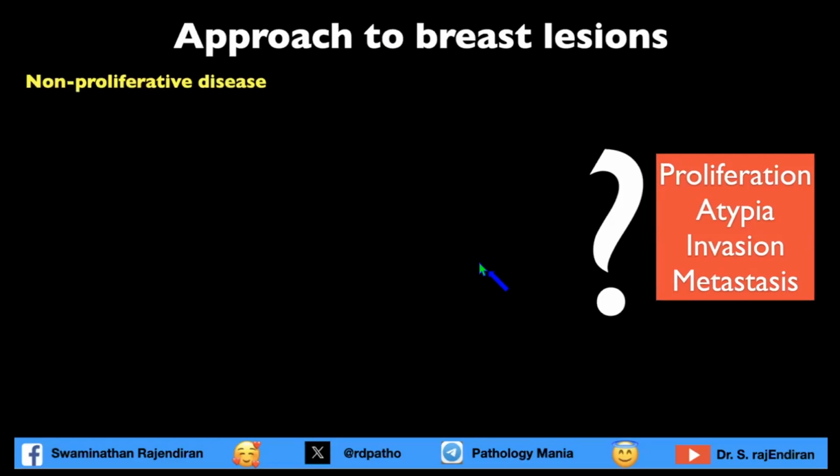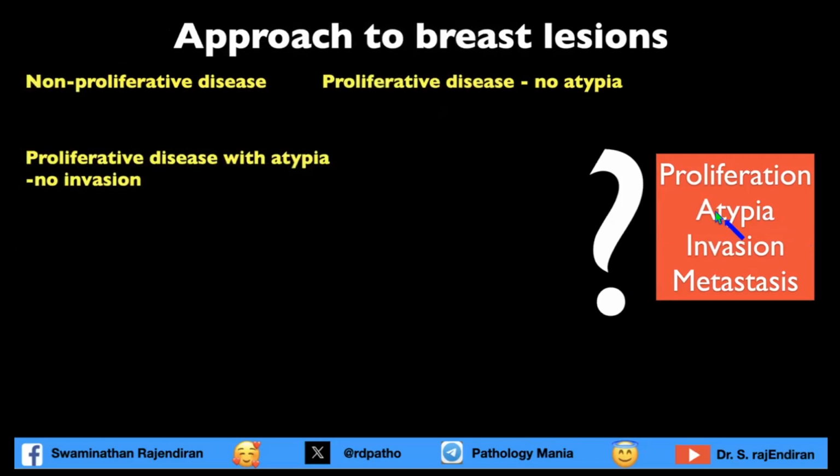One is non-proliferative disease, and the other is proliferative disease without atypia. And whenever there is a proliferation, as I asked you, you have to ask whether there is atypia or not. So the diseases can be classified into proliferative disease without atypia and proliferative disease with atypia. And the third question is invasion.